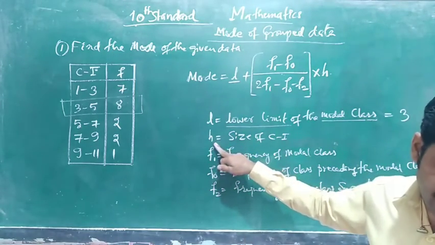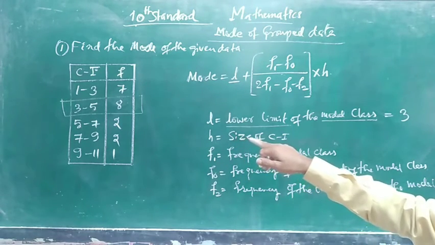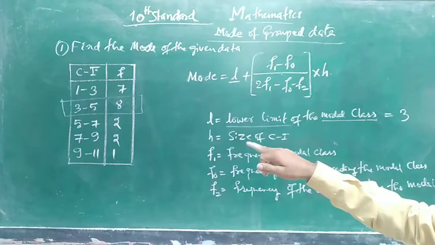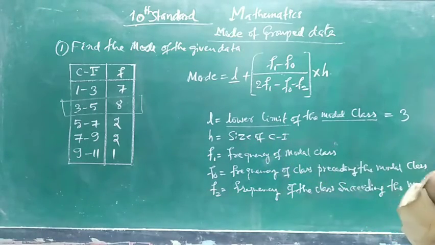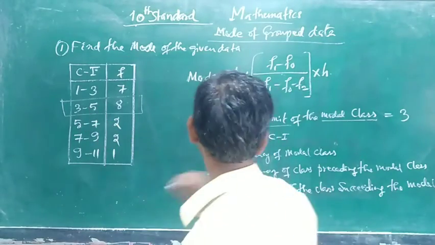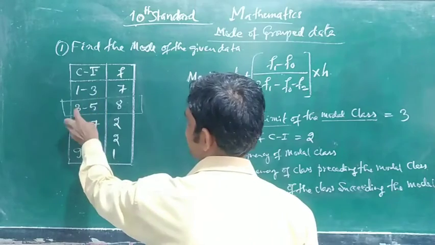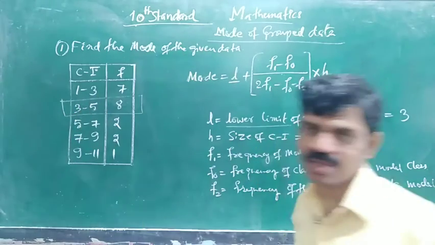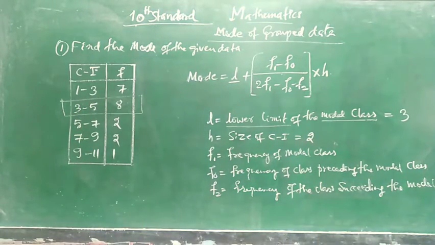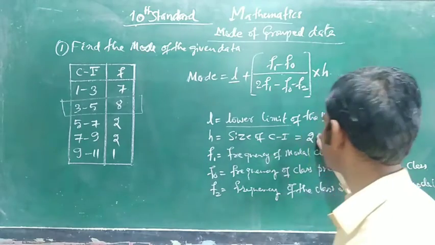H. What is H here? H is the size of the class interval. What is the size of the class interval? 1 to 3, then 3 to 5. See, 1 to 3 is here, 3 to 5. So 2 is the height or size of the class interval.